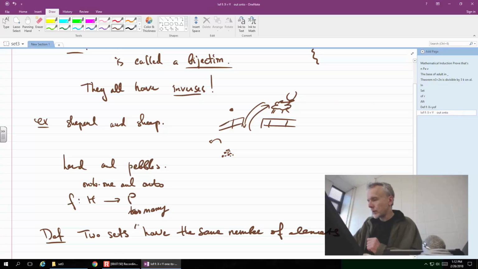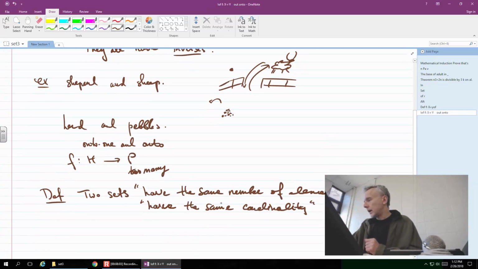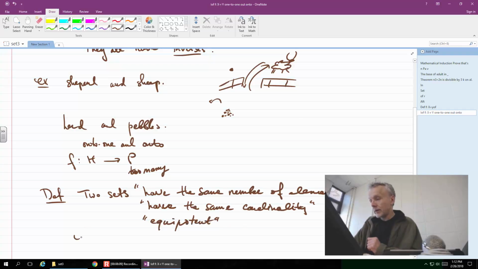Okay, so that's one way to put it. Have the same cardinality. In other words, is equipotent. If there is a bijection between them.